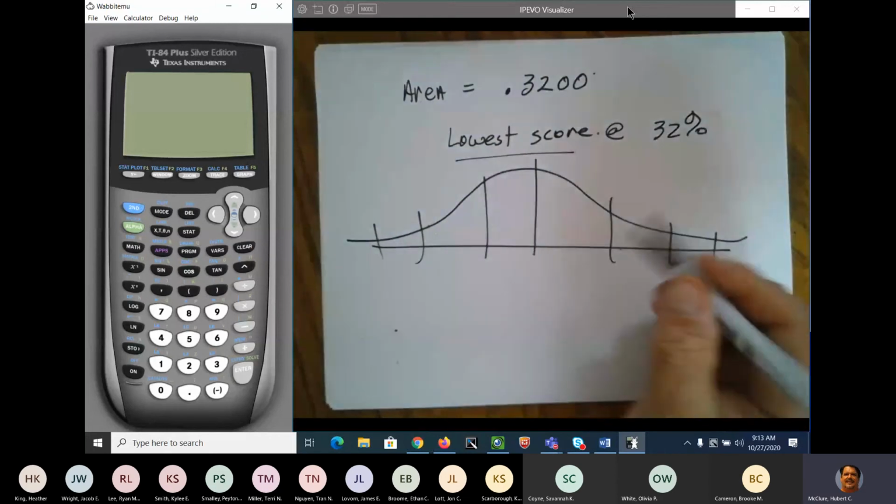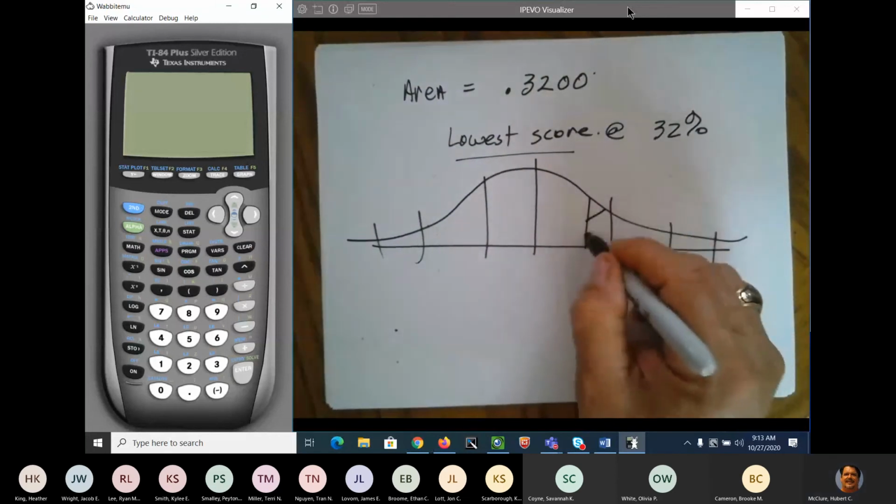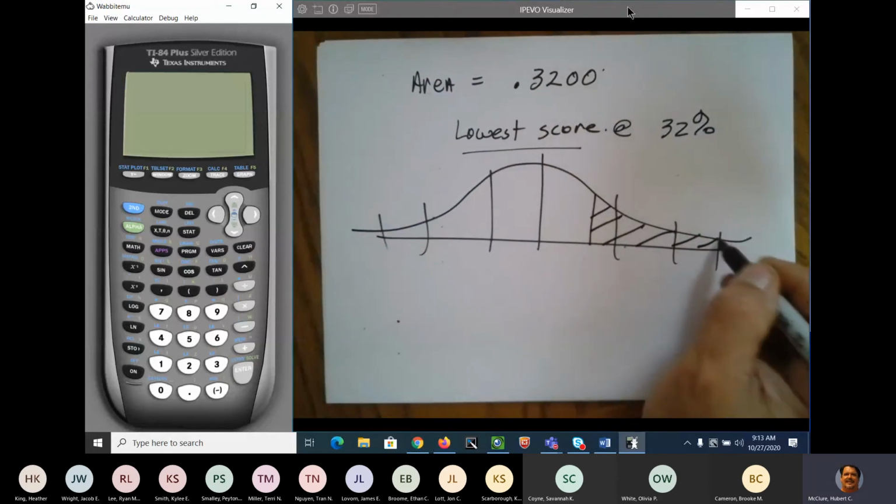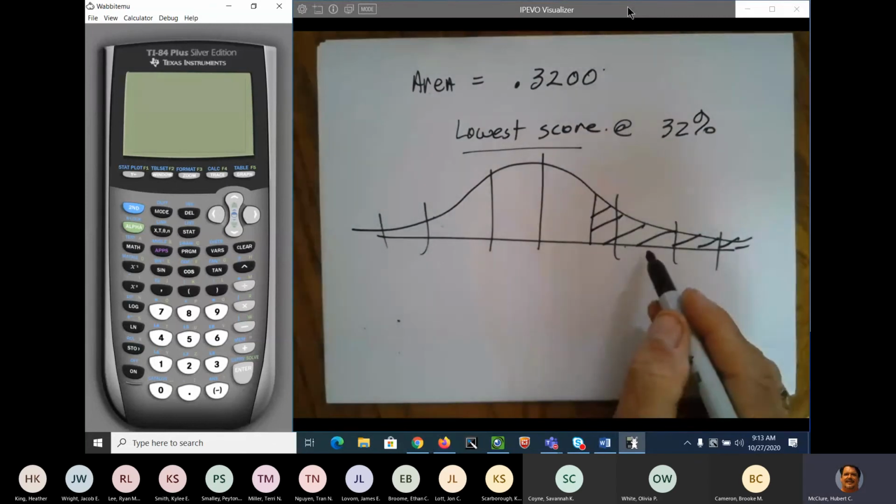If you draw it on a number line, the lowest score at 32% means greater than, right? So this would be a right tail.